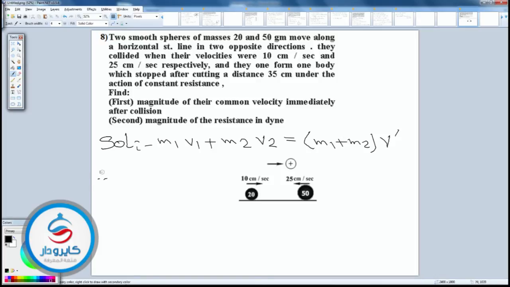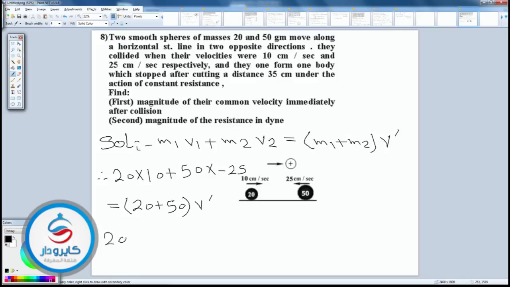Therefore, 20 by 10 plus 50 by negative 25 equals 20 plus 50 by V dash.